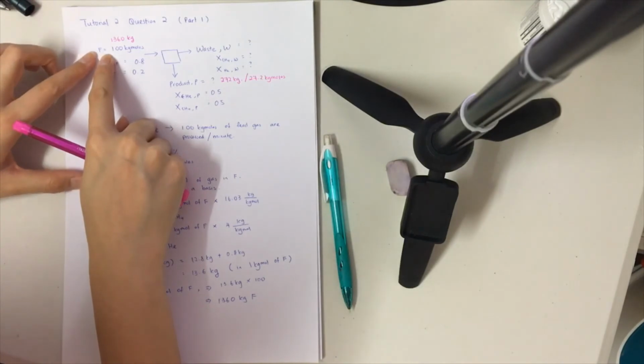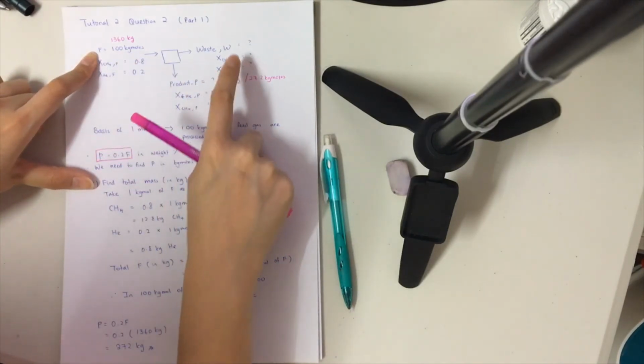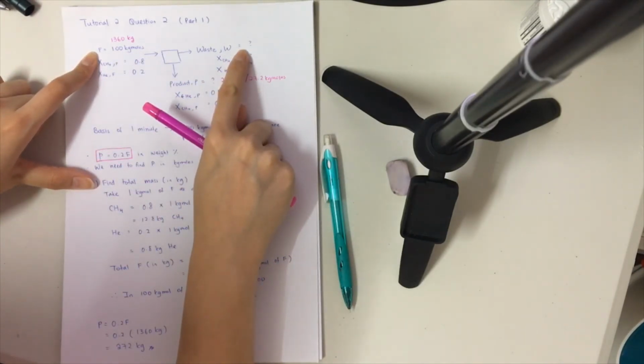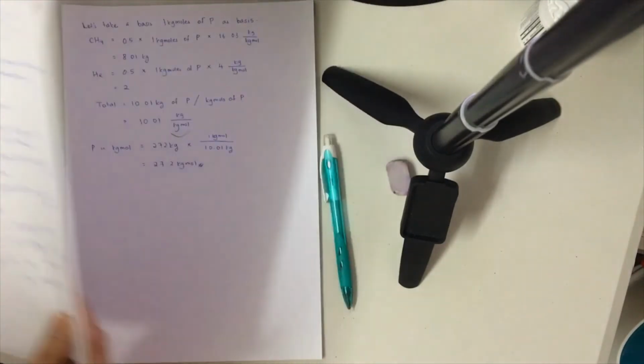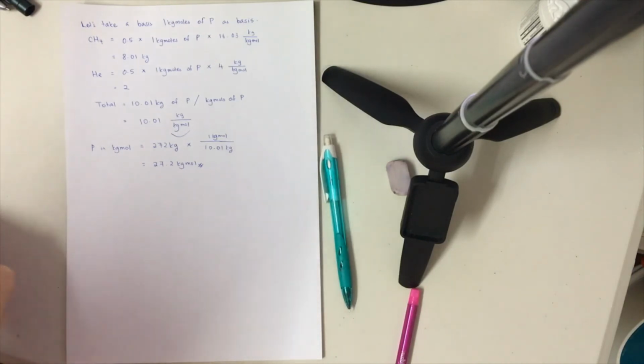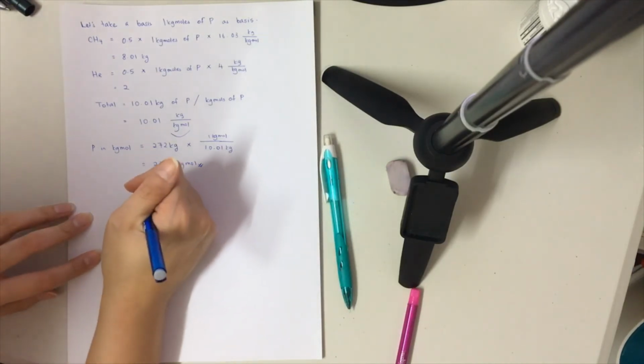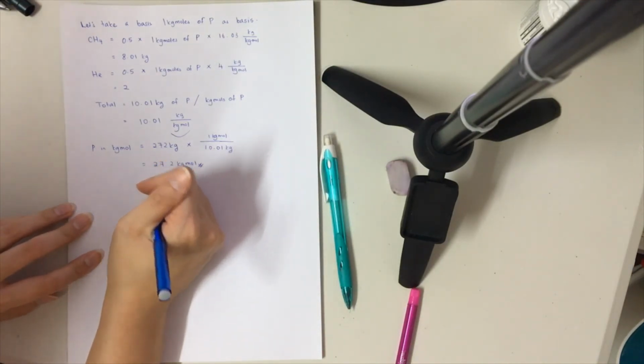You have F, you have P, so what you're left with is W. So we can do a material balance: in is equal to out.